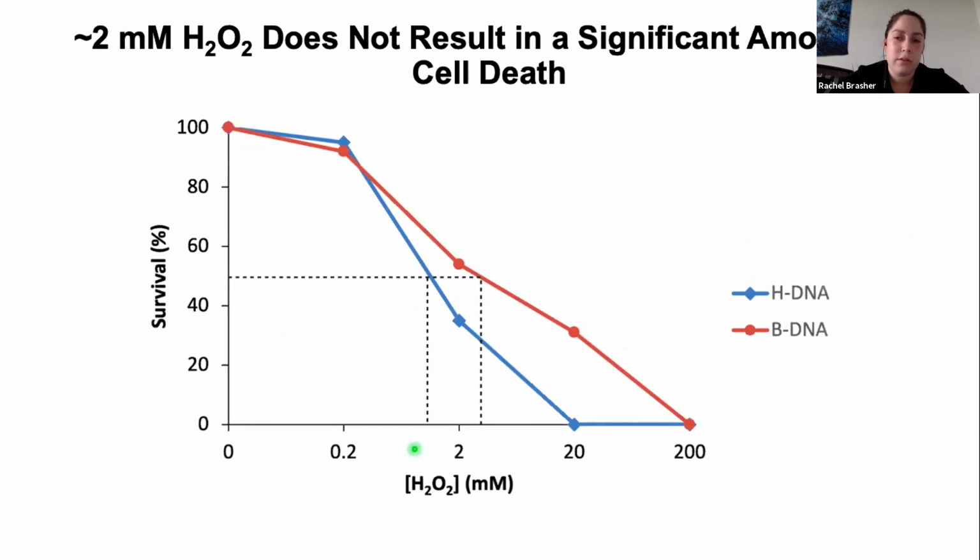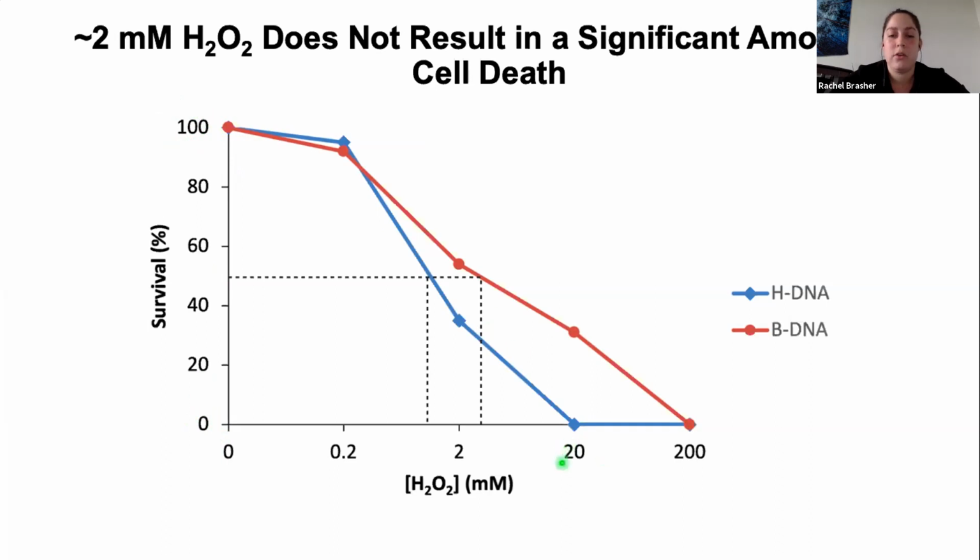So the lethal concentration is the concentration of hydrogen peroxide that correlates to about 50% survival. 50% was chosen because it is a good balance between too much stress, which will result in complete cell death, as is seen by 0% survival, and too little stress, where there will be no effect on the cells, which is evident by 100% survival.